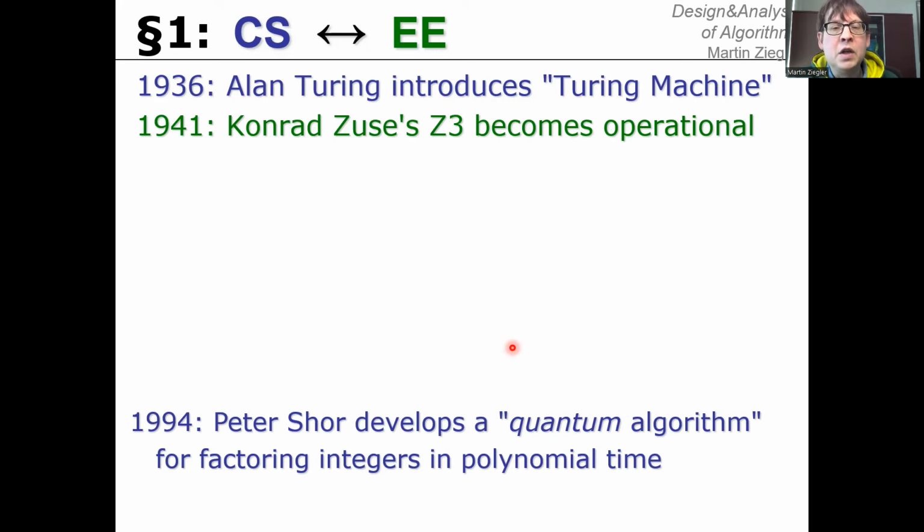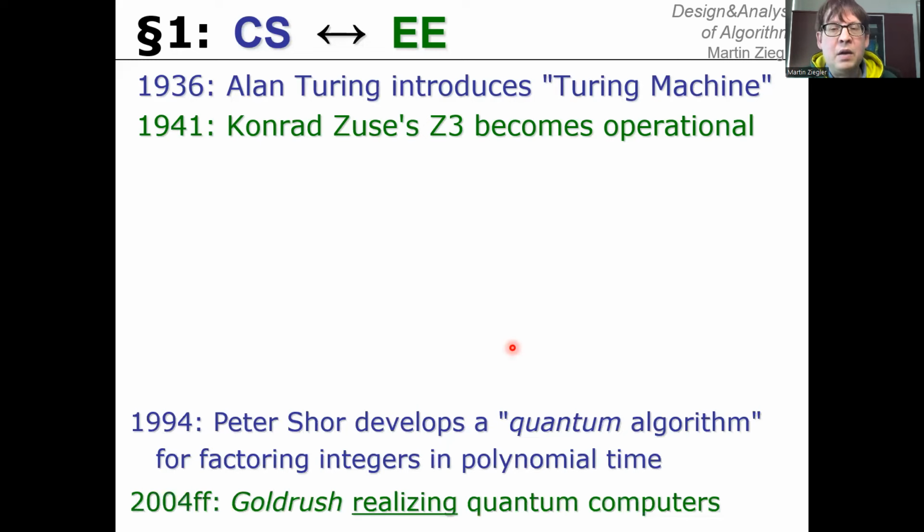But as Peter Shor demonstrated the capabilities, the power of such a hypothetical mathematical model computer, it set off engineers and physicists to try to actually realize such a computer. And you may have noticed and recall that since maybe around 2004, a veritable gold rush set off towards the goal of realizing quantum computers with more and more qubits and with longer and longer reliable running times, towards actually being able to practically factor integers.